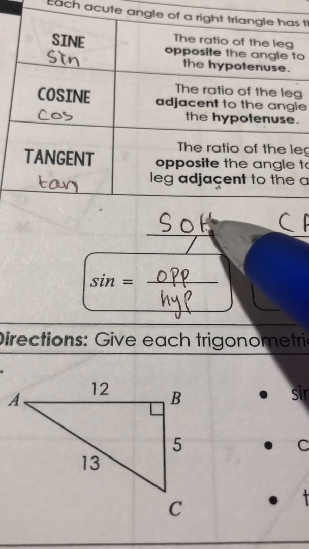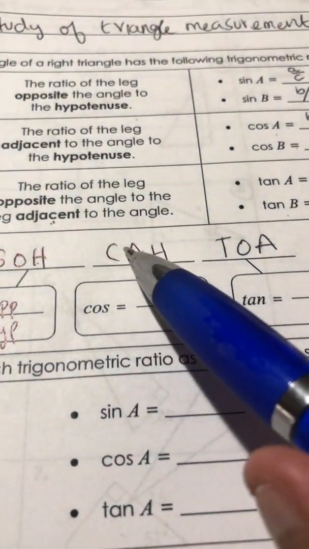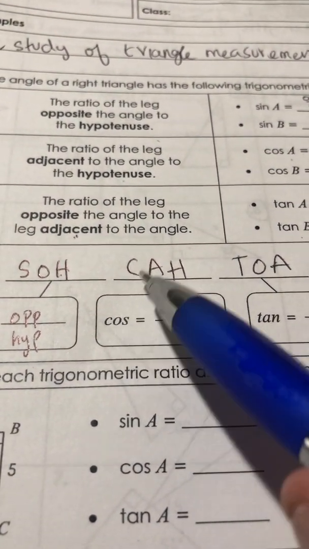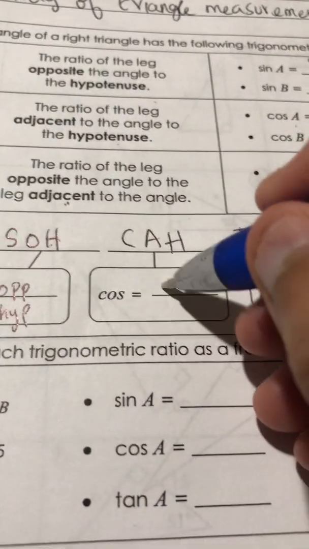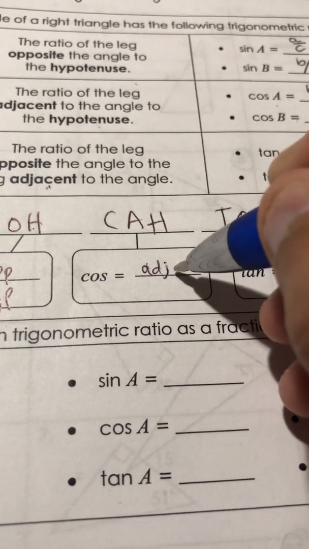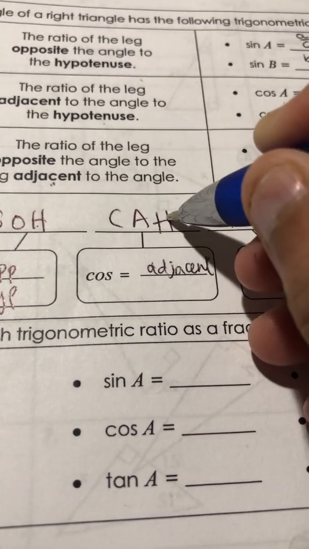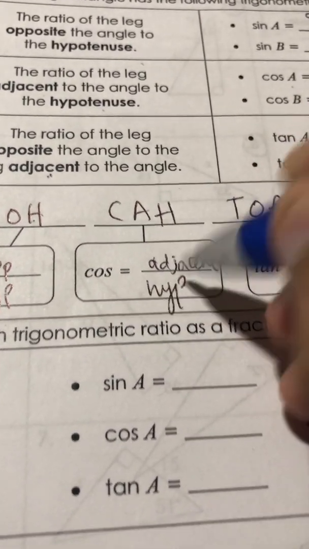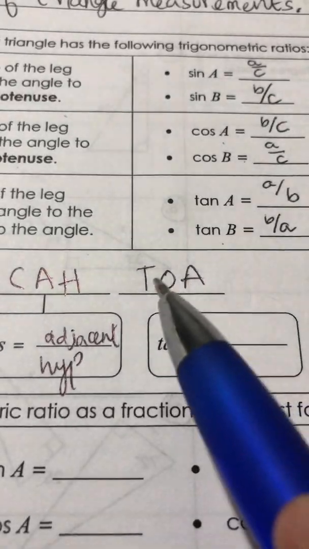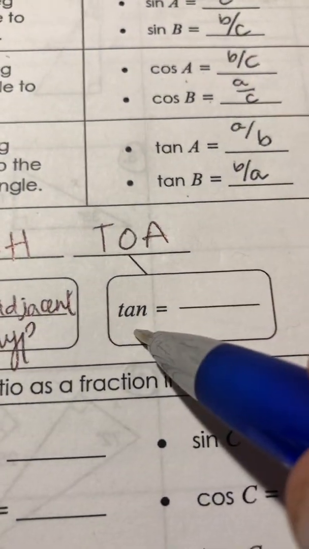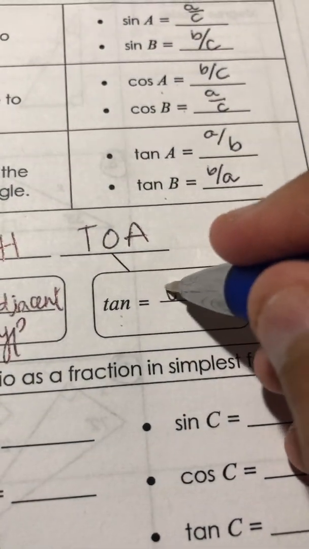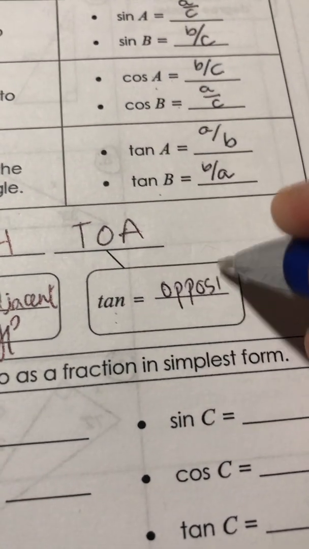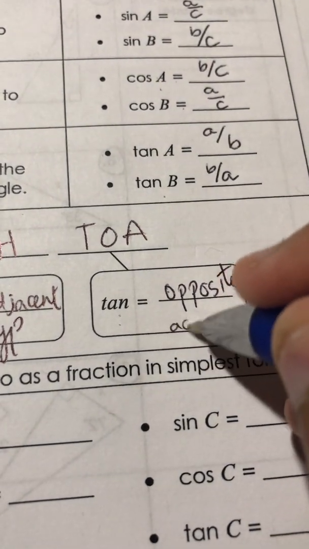CAH means cosine, C represents cos, A represents adjacent, the ratio of adjacent to the hypotenuse. And the third one is TOA. T represents tangent. Tangent is the ratio of opposite, this comes first, the side opposite to the side adjacent.